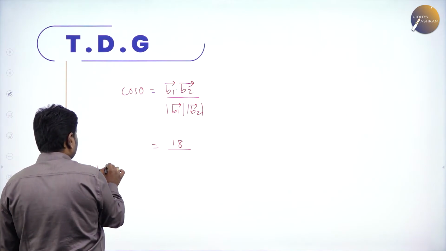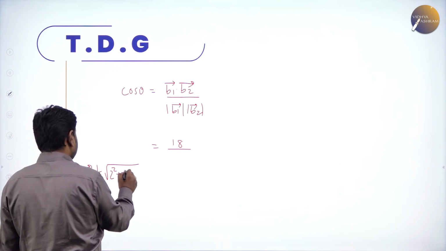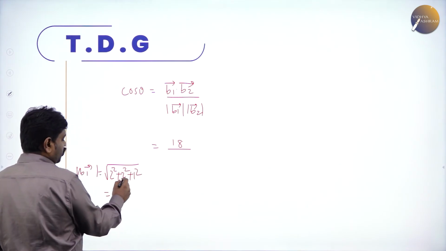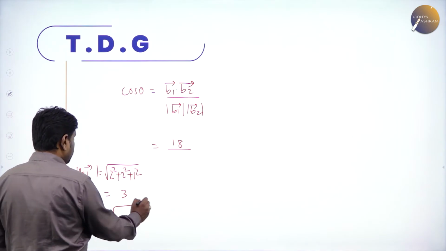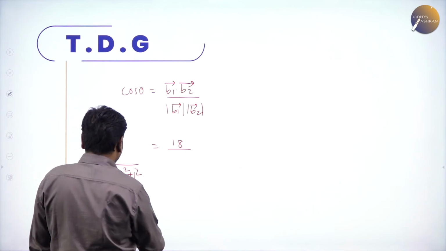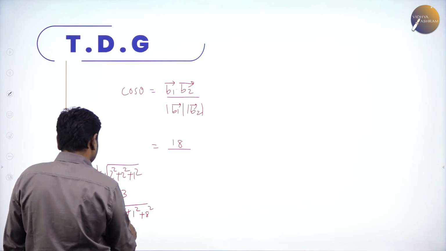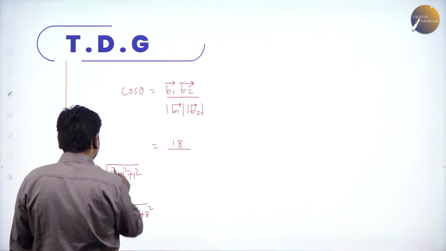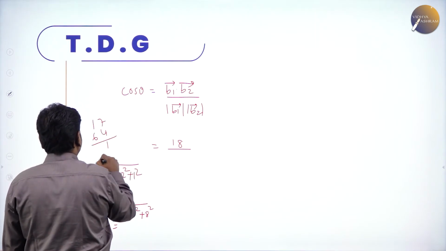It is root of 2 square plus 2 square plus 1 square, that is 4 plus 4, 8 plus 1, 9, so 3. What is the magnitude of b2? That is 4, 1, 8. So 4 square plus 1 square plus 8 square, 16 plus 1, 17, 17 plus 64, 81.